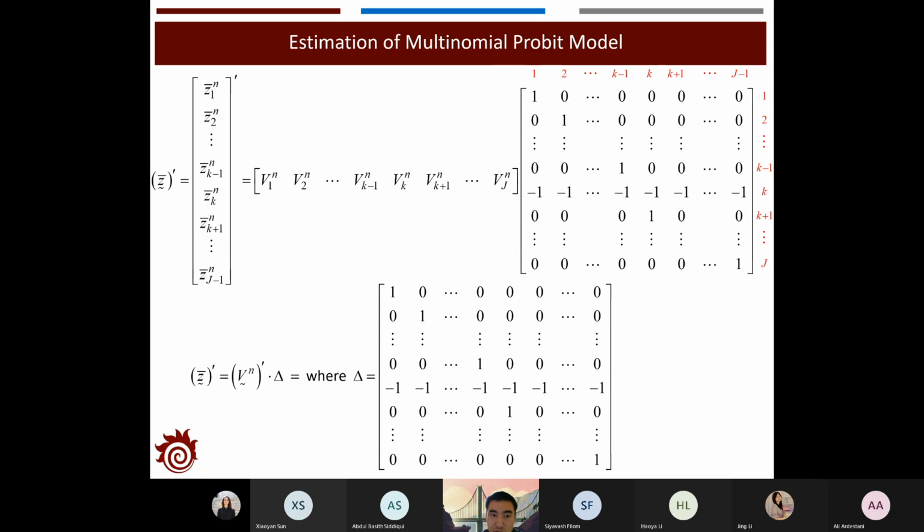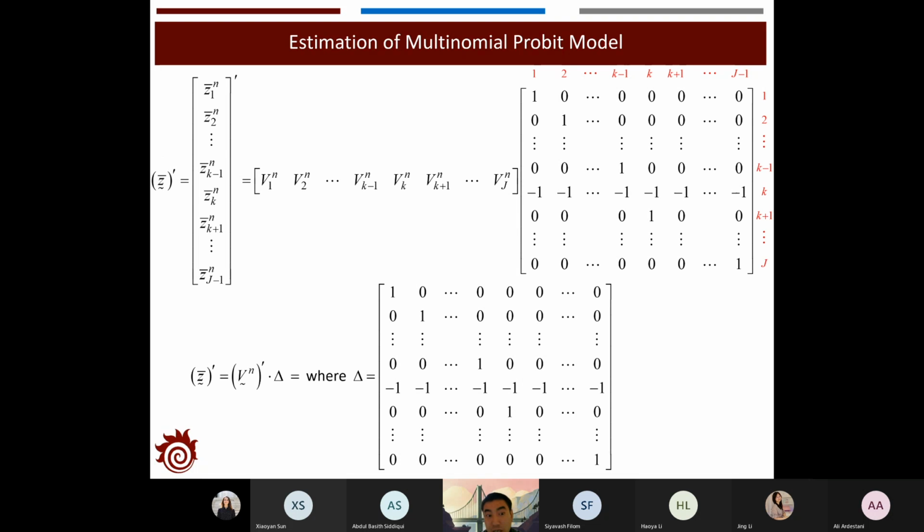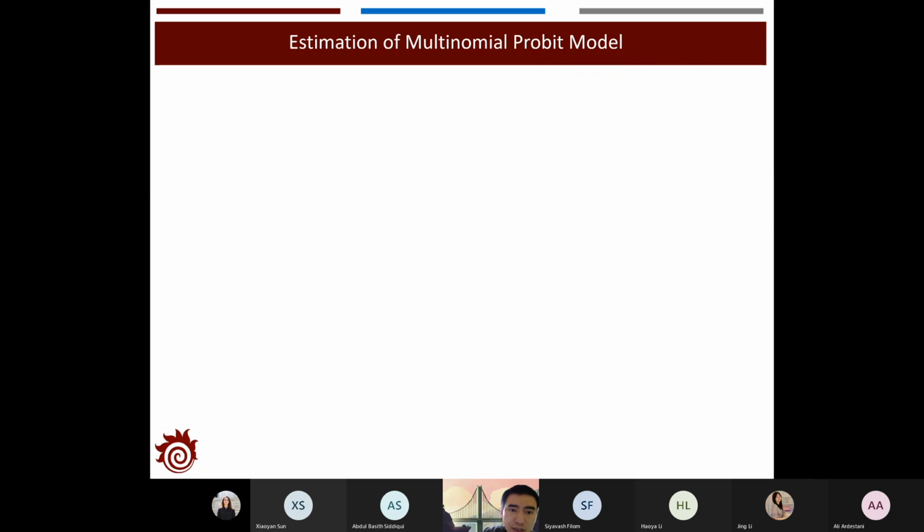And this V times delta shows the estimated utility for each mode. And similarly, you can find out the relationship between the error terms and the z vector.